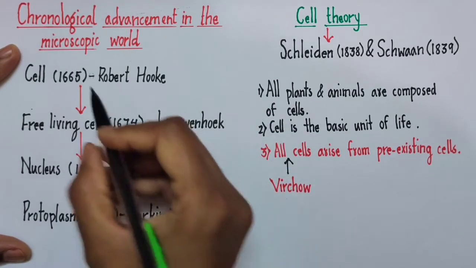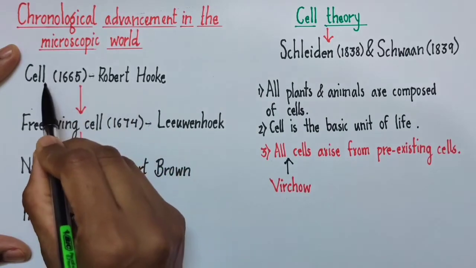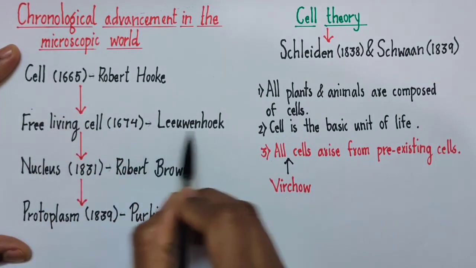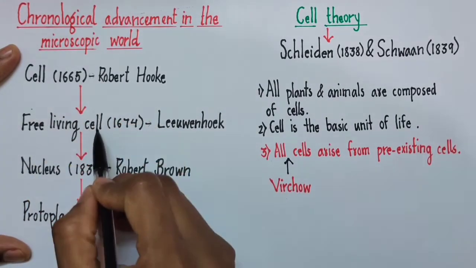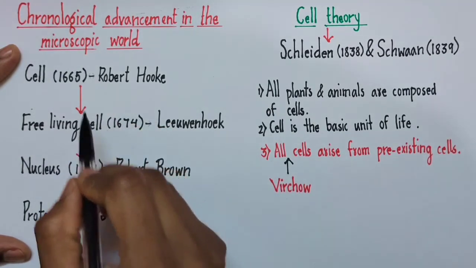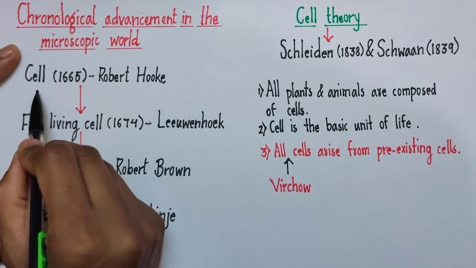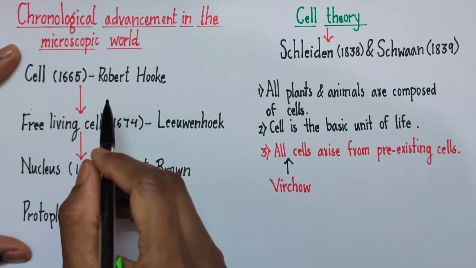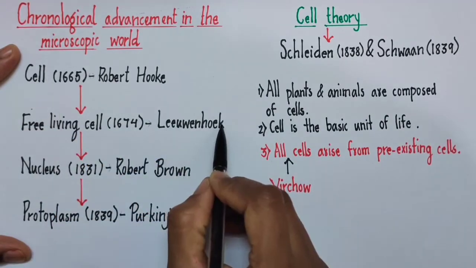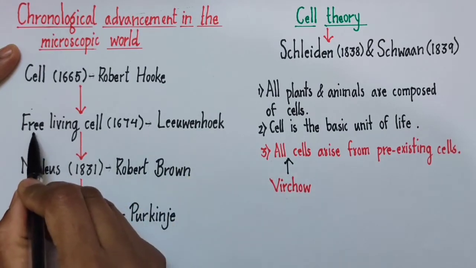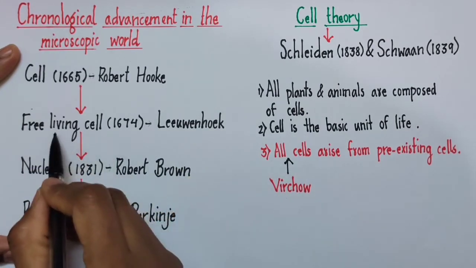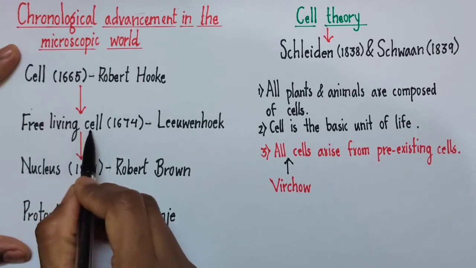Okay, so Robert Hooke also observed cell, even Leeuwenhoek observed cell, but what is the difference between these two? Robert Hooke actually observed the dead remains of cell wall in that cork, but Leeuwenhoek was the first person to observe the free living cell. So he has seen the living cell.